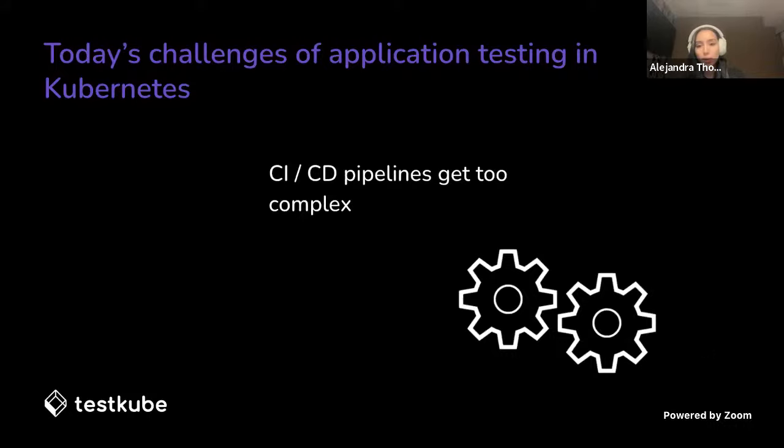To start, CI/CD pipelines can be complicated to begin with, varying from company to company and team to team. But when Kubernetes comes into the mix and we try to implement a testing system, our CI/CD pipelines get even more complex. For example, if you have an application that's deployed in Kubernetes and you want to add a new test, whatever test it can be, an integration or end-to-end test, for example, the first thing you'll need to do is figure out how to give your CI/CD pipeline access to your cluster.